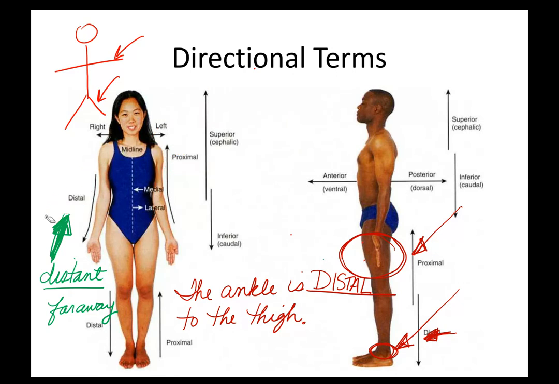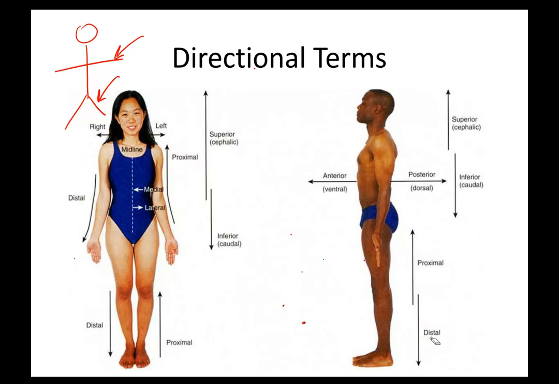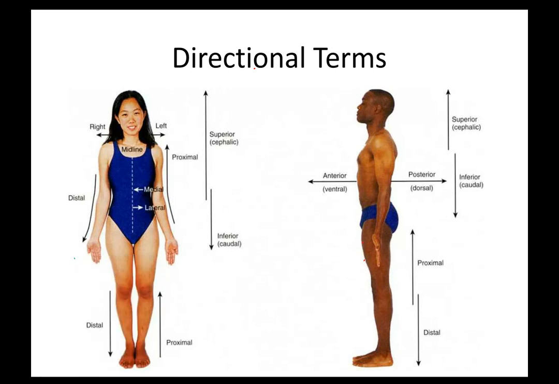Okay, so we've got the terms we've talked about so far. We've talked about proximal and distal. We've talked about superior and inferior. We've talked about medial and lateral. Another set of directional terms are anterior and posterior.